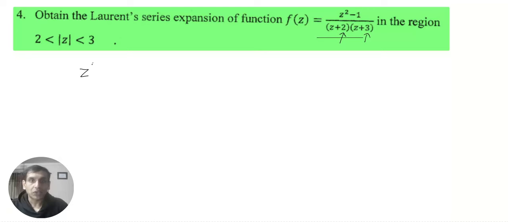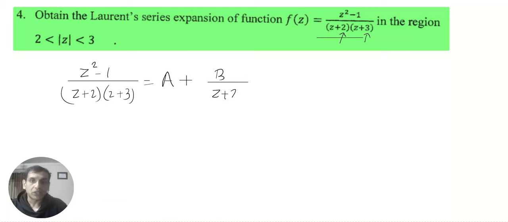Okay, so what do I do first? Partial fraction. So let (z square minus 1) divided by (z plus 2)(z plus 3) be equal to a plus b divided by z plus 2 plus c divided by z plus 3. I will recommend you to do this question completely by yourself. Pause the video, try it and come back and check the answer.